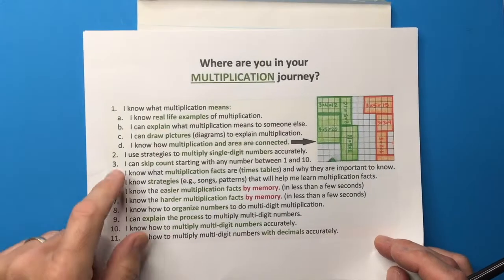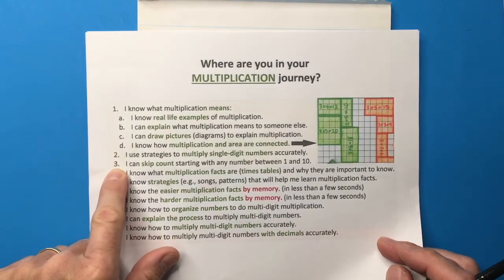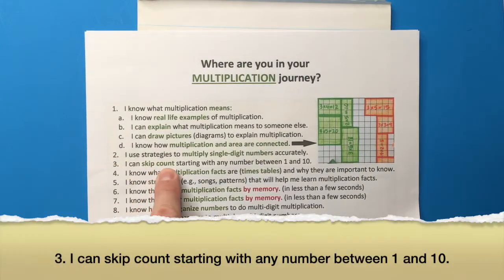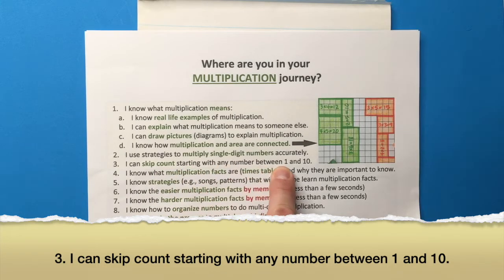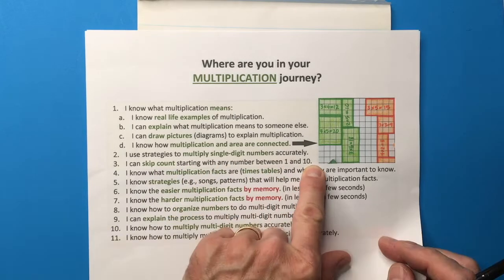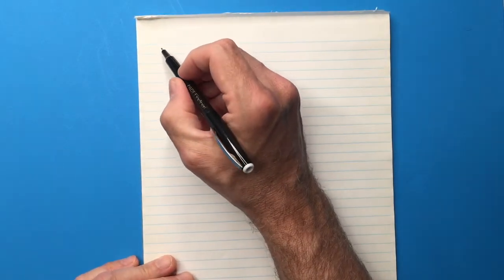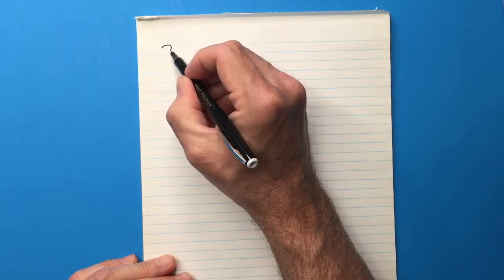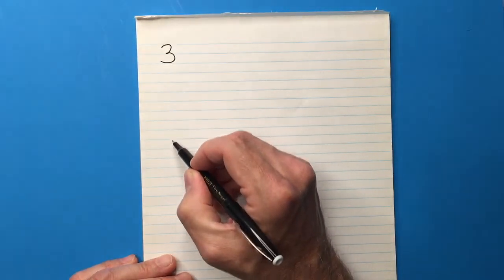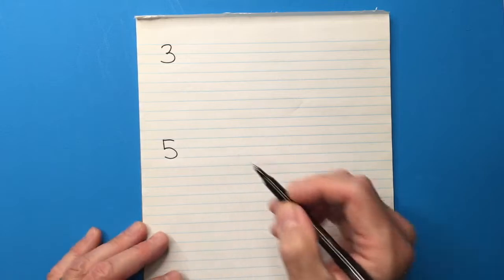Let's move on to number 3 in your multiplication journey. I can skip count starting with any number between 1 and 10. If you remember, not long before March break, we were looking at skip counting, counting by 3s and counting by 5s.